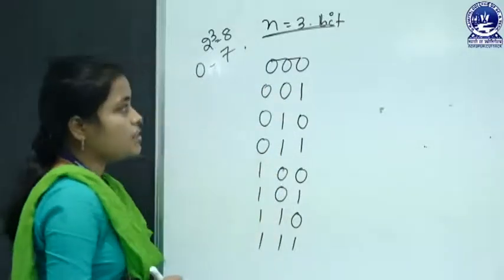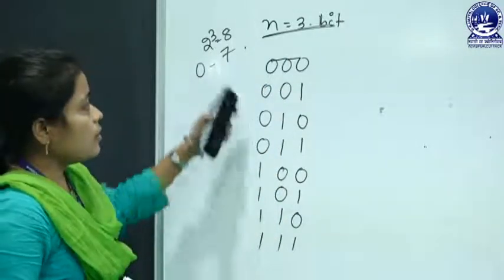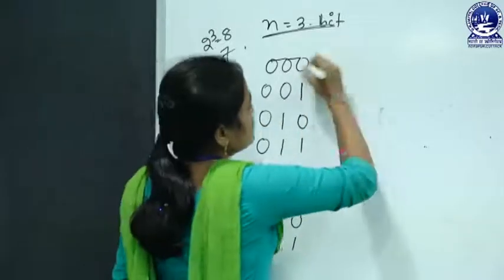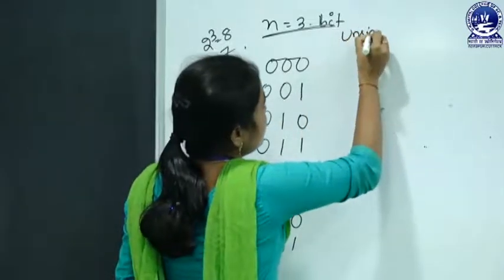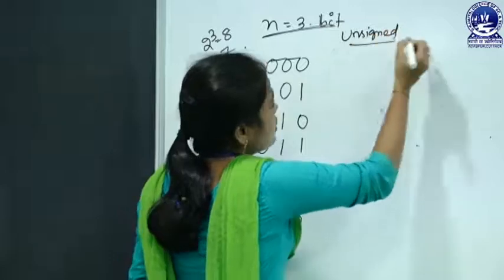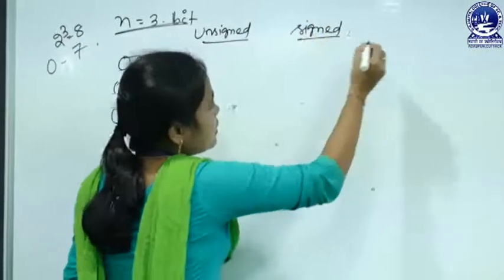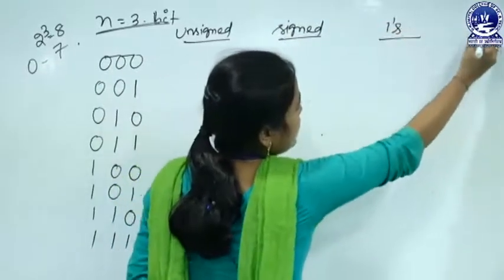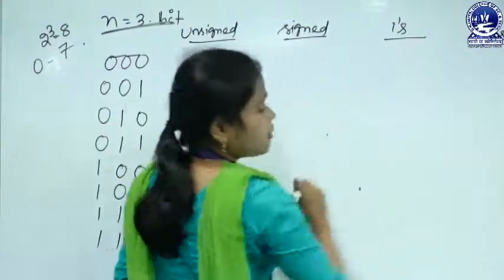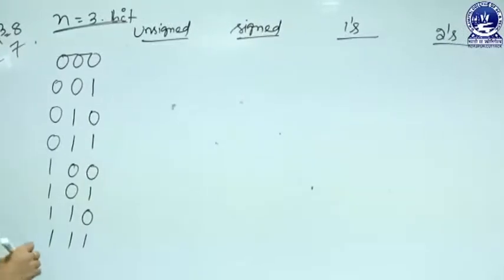So these are the possible values for 3 bits. Then we will find out the unsigned values, the signed values, and then the 1's complement and 2's complement. Okay.